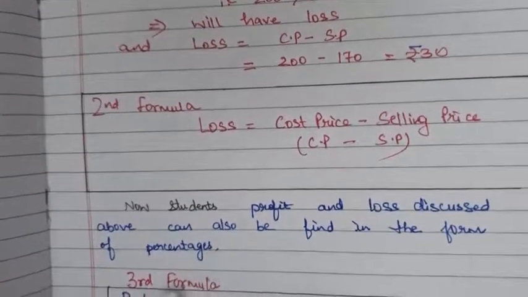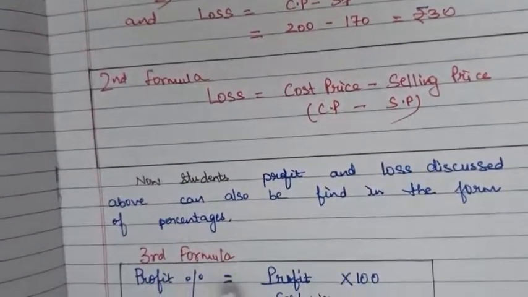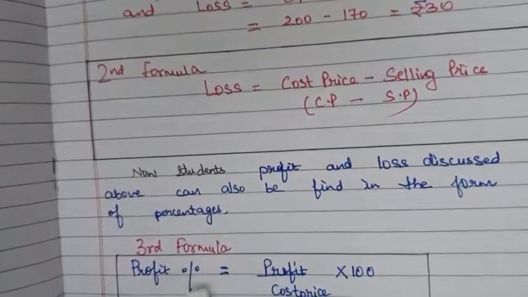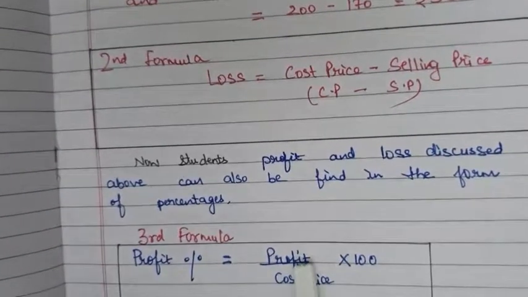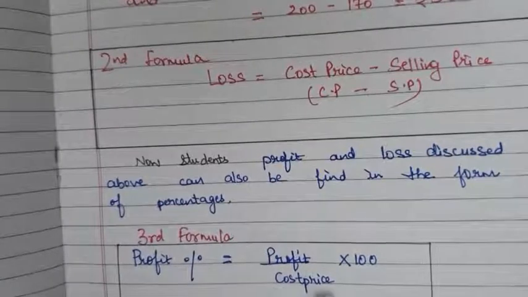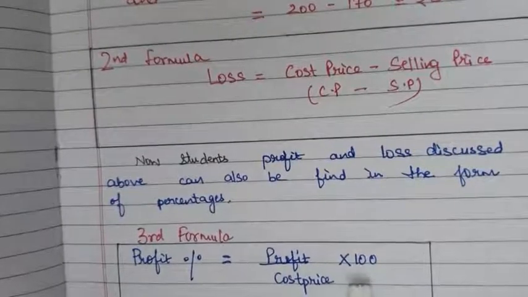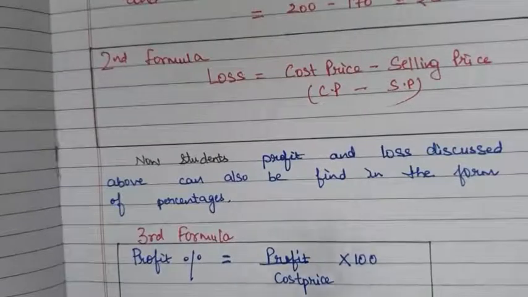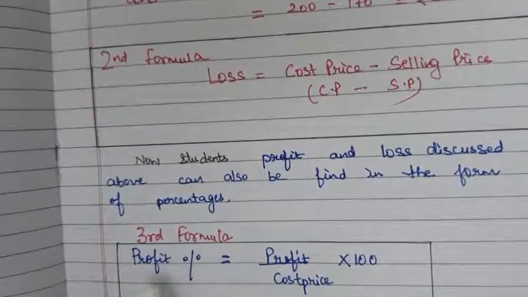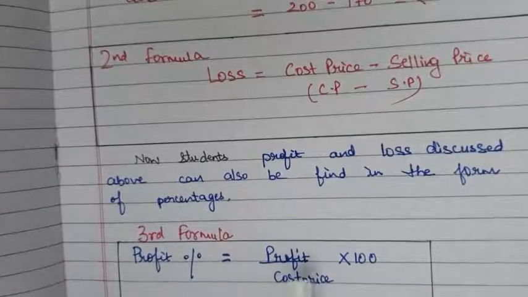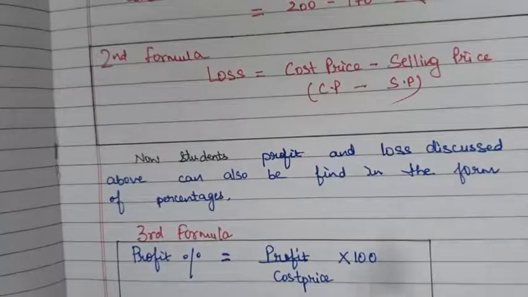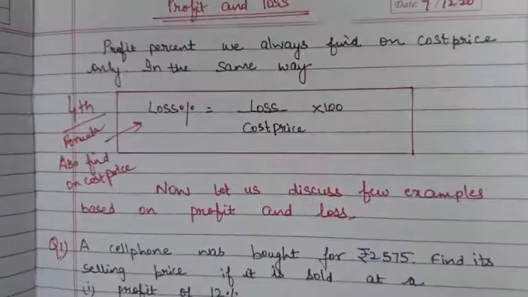The third formula, that is profit percentage, is equal to profit upon cost price multiply 100.